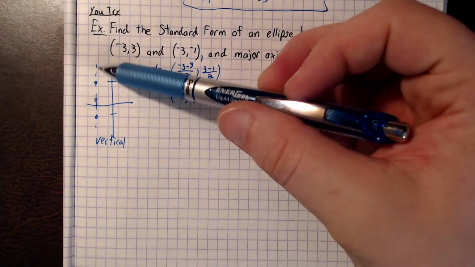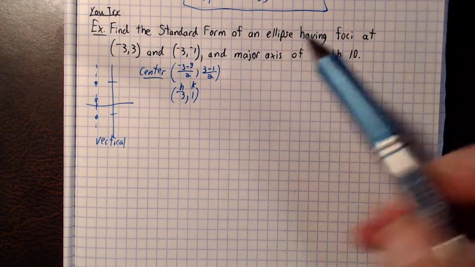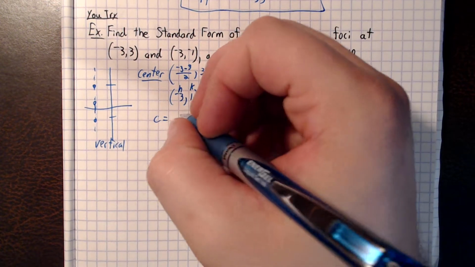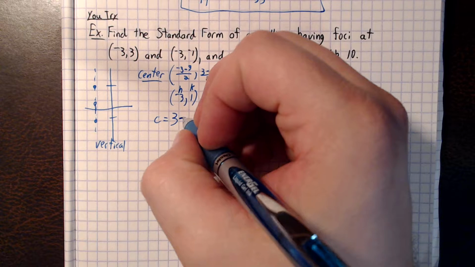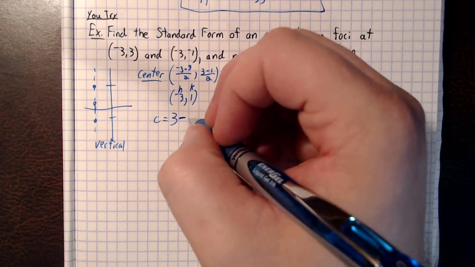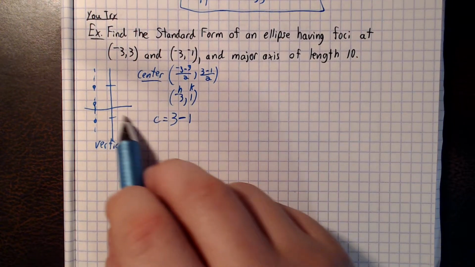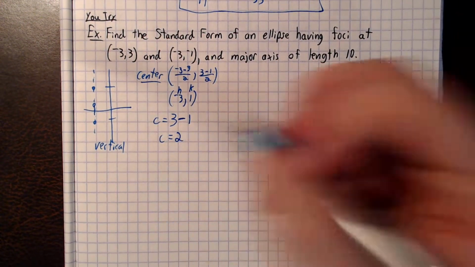Now, the difference here would be happening in y. So for c, I'm going to take 3 and subtract away 1. All right, 3 and 1 are my y's. That's where I'm going to have a difference here. So my c value, we get 2.